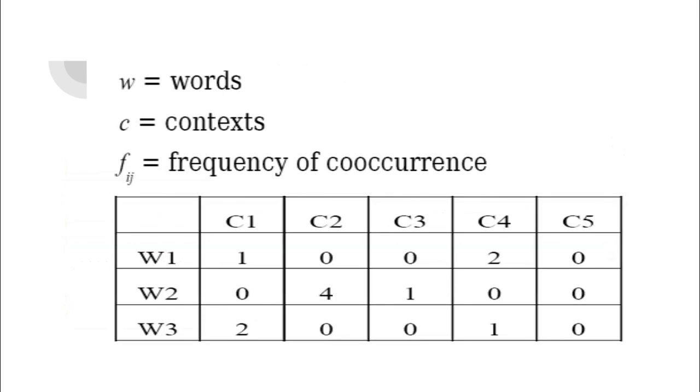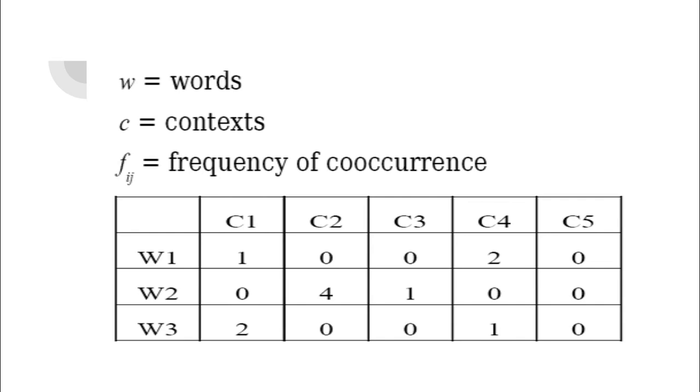This is a classical, generic example of how an occurrence matrix looks. As I mentioned, it consists of rows and columns, where each column C1, C2, C3, etc. represents a context where that particular term is occurring, and the rows W1, W2, W3 represent the words or different terms available in the given corpus.